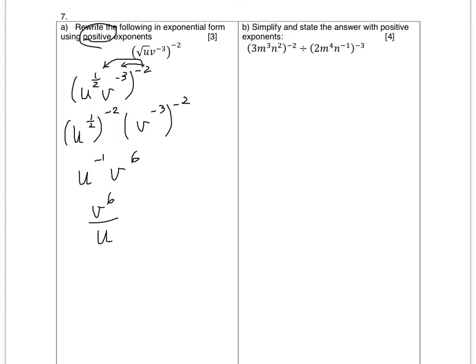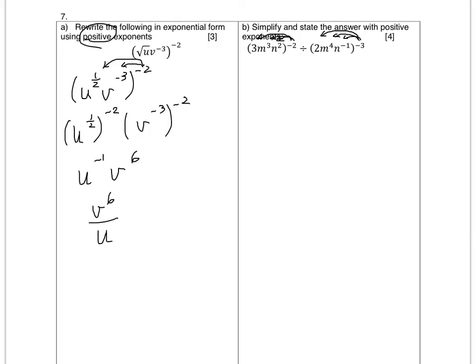The next one is 3 exponent -2 m³ n² exponent -2, divided by 2 exponent -1 m exponent 4 n exponent -1, the whole thing exponent -3. First, I'm going to distribute -2 inside the bracket with every term, and the same with -3.